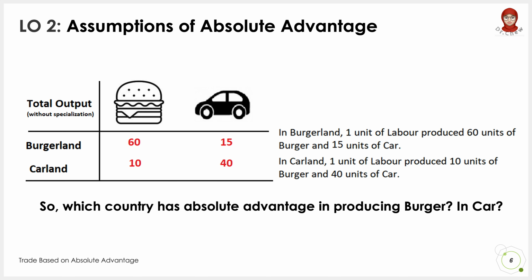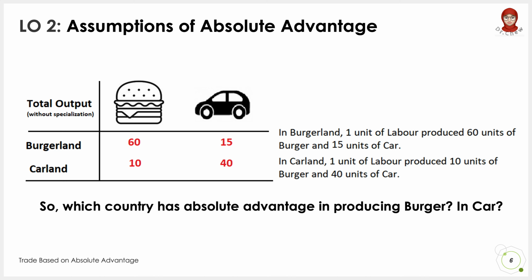The question is, which country has absolute advantage in producing burger and car? As I said previously, a country will have absolute advantage when it is able to produce a good at cheaper prices or more units of output using the same units of inputs.